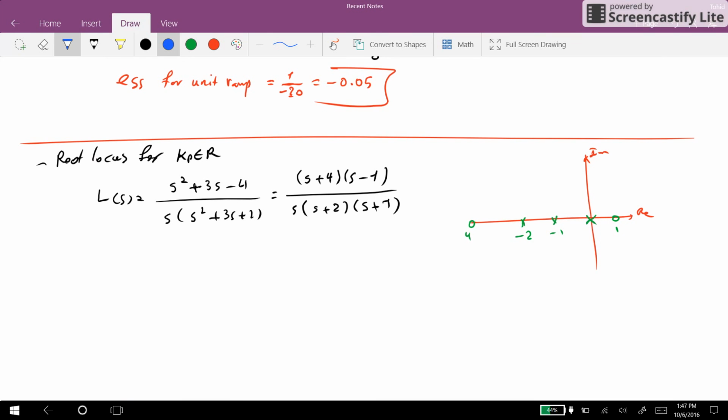So let's see if we have any asymptote for this system. We have n equal to 3 number of poles and m equal to 2 number of zeros. So r, which is equal to n minus m, is equal to 1, which means that we have 1 asymptote.